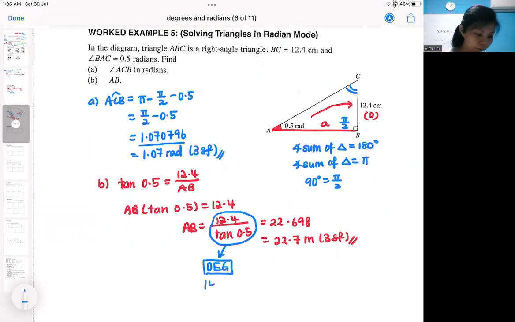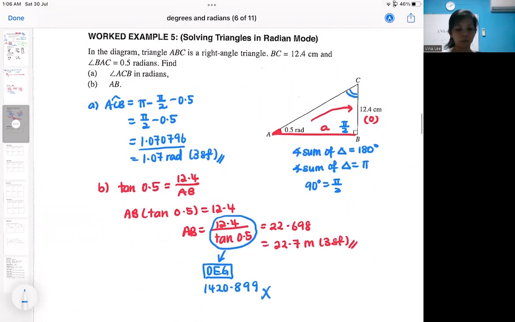So you actually get 1420.899. It doesn't make sense that in this triangle, it can go up to 1000 something. So if you put it in the wrong mode, this will be the wrong answer. Your calculator mode must tally with the units that the angle is in, otherwise you could run into a lot of issues without knowing it. So for your arc length, for your A math trigo, you've got to take note.